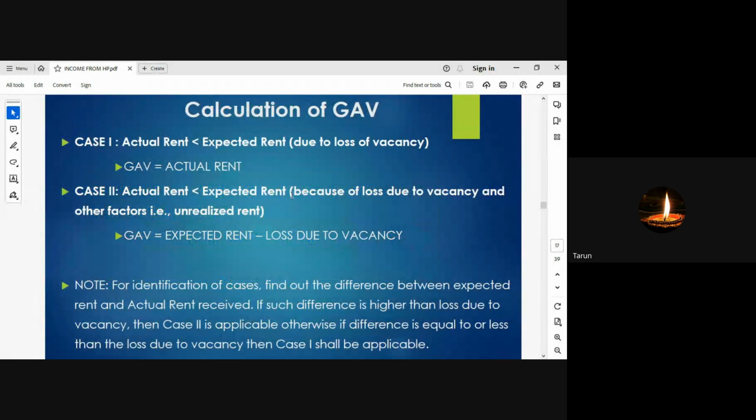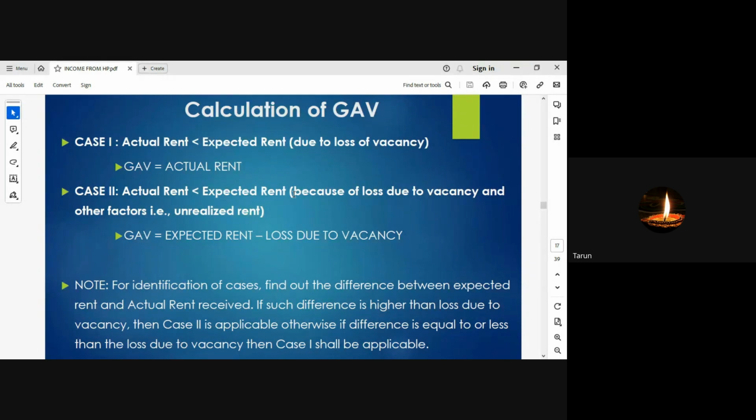Now, these are the two cases of calculation of gross annual value. Please listen very carefully to these two cases, because they are actually asked in the final examination, whether in the practical or theoretical part. Case one: I already told you how to calculate the actual rent in the previous slide, and how to calculate the expected rent in step one, right?